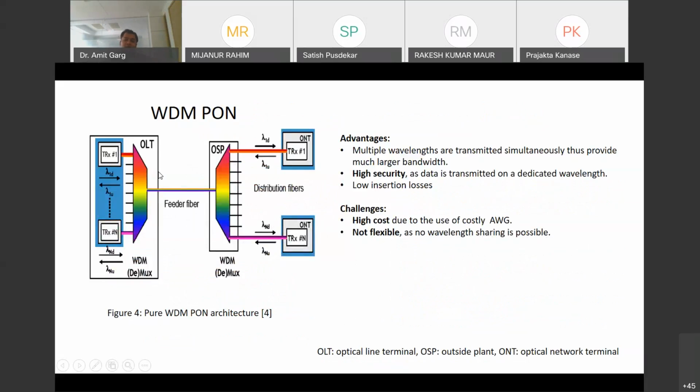We are transmitting the data at transmitter 1, and it is reaching only ONU 1 or receiver 1. If transmitter 1 fails for some reason, there is no way to transmit data to user 1 until this failed transceiver is recovered. So this is not flexible, it is static. Wavelength sharing is not possible.